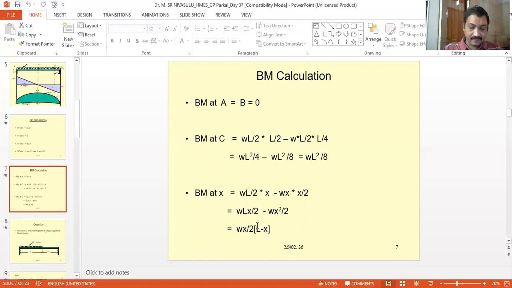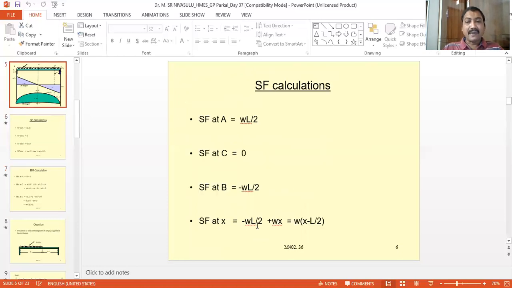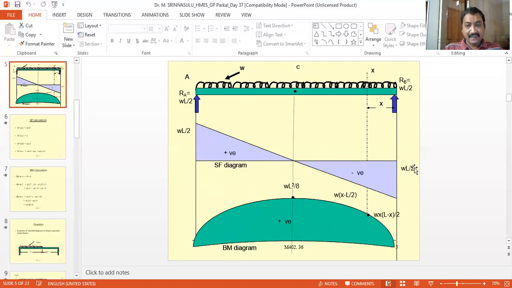Now coming to the bending moment at point C. At point C, we have to find out. So you take the section exactly at the point C, that is exactly at the midpoint. Because this simply supported beam is symmetrically loaded, at both sides equal forces are acting.